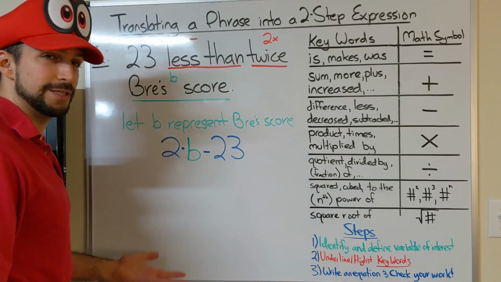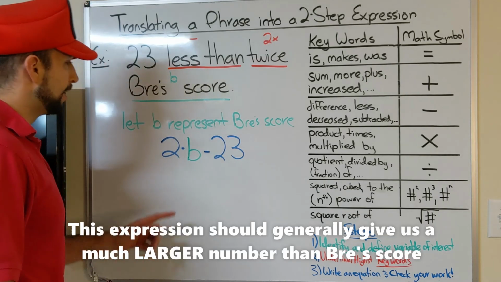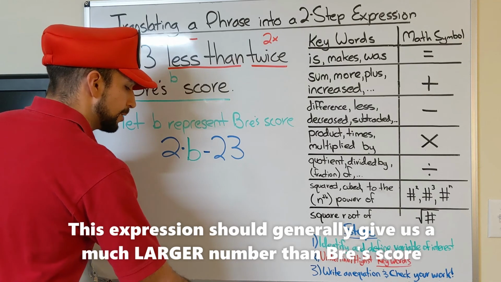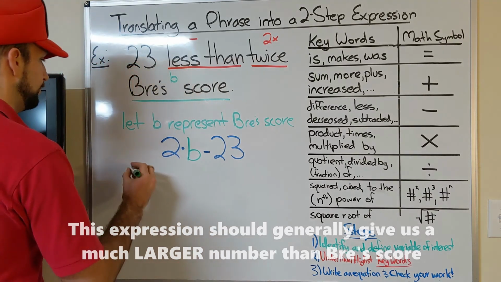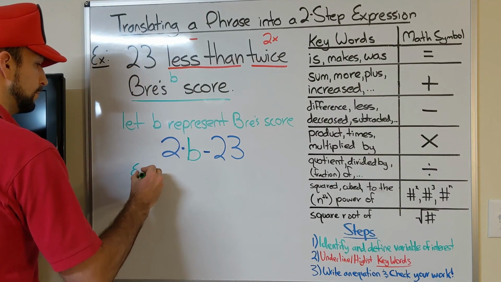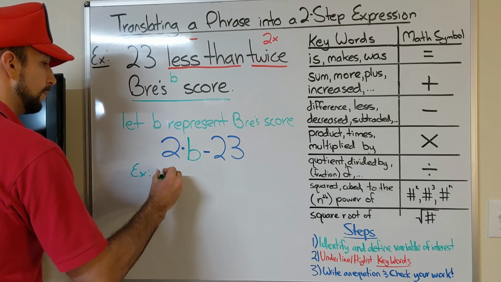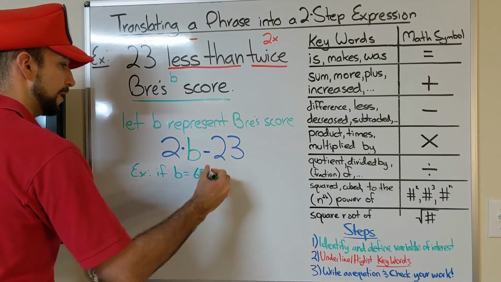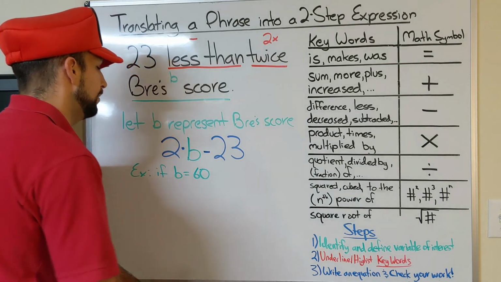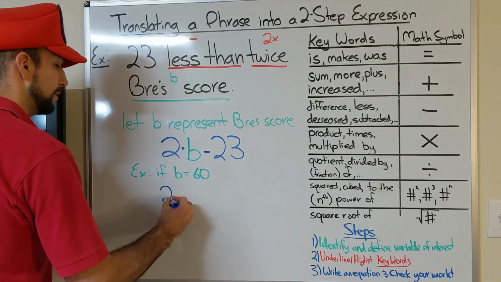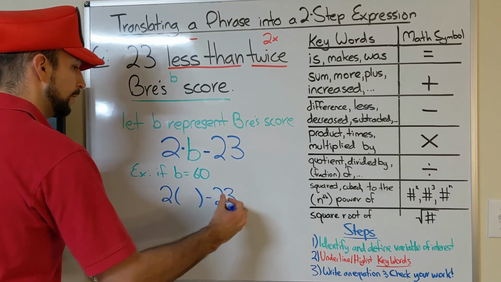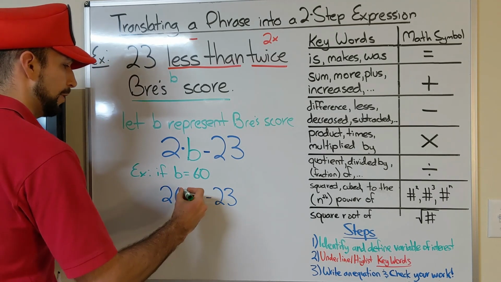Let's go with the same example we used last time to check this. Let's pretend Bree got a 60% and see what happens with our expression. So if Bree's score was 60, let's substitute that in and see if we get a score that makes sense. 2 times 60 minus 23.